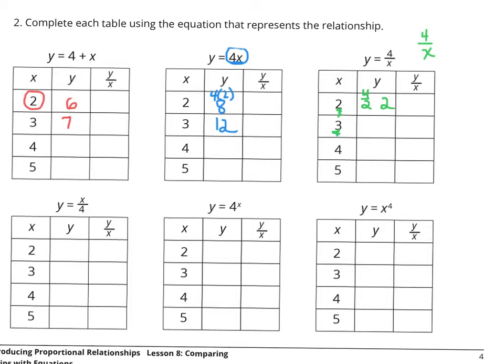For when x is 3, I'm going to take that 4 and divide it by 3. Now I could leave that as a fraction, or I could write it as a decimal. Let me pull out my calculator. Remember that fraction bar means divide. That would be 1.3 repeating, or 1.33333 in my table. Okay, so hit pause and figure out those values, the value of y when x is 4 and when x is 5 for me.